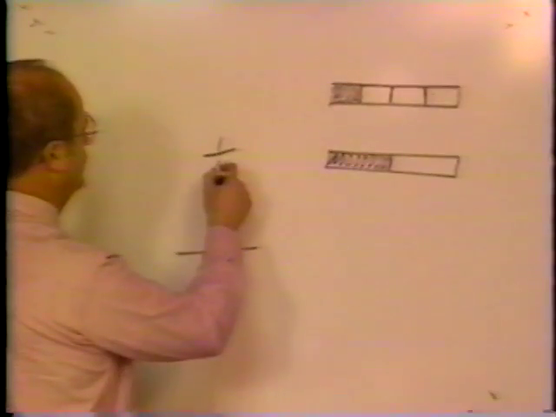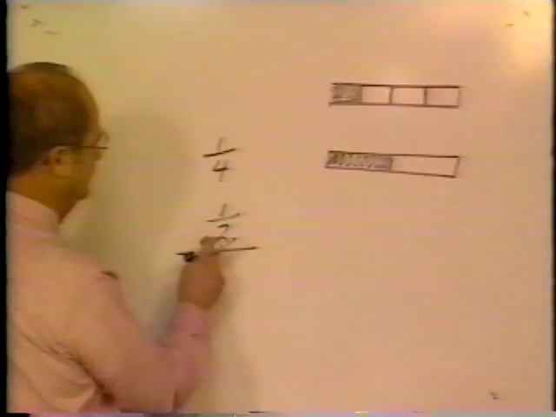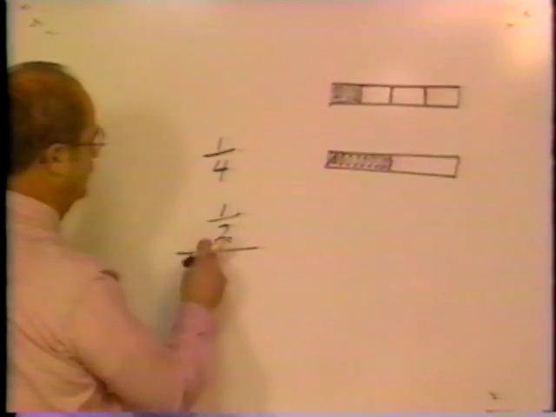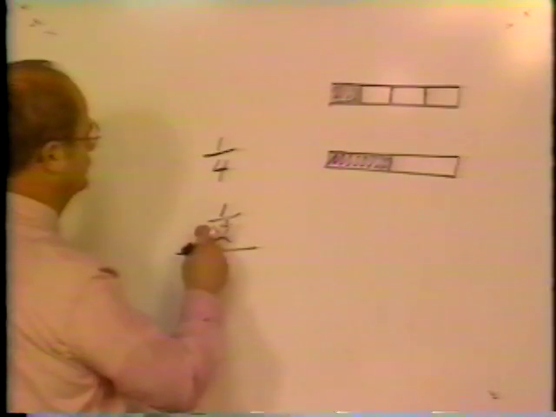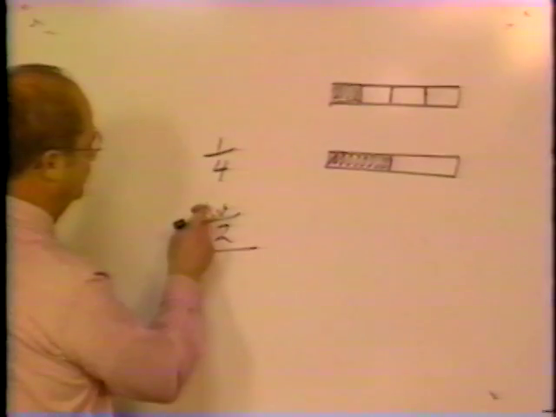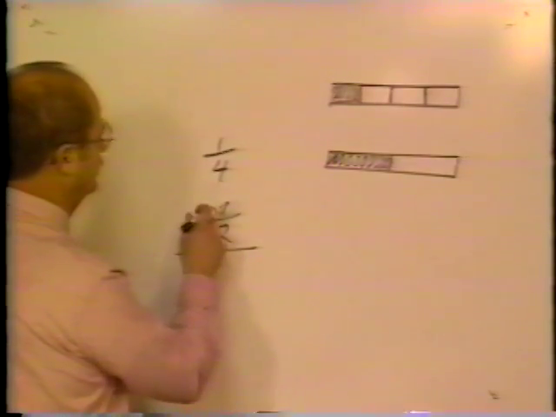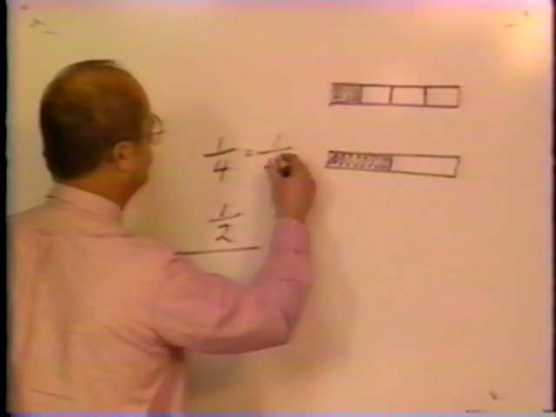Now, if I want the same common denominator here, I'm going to have to multiply this particular fraction by 2. That way I'll have 4ths on the bottom. Now, to maintain the same value, I have to also multiply the 2 on the numerator. So we'll bring this over. We have 1/4.